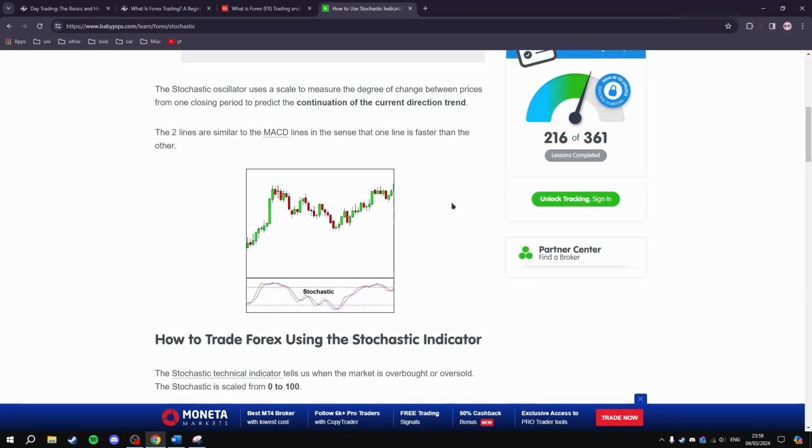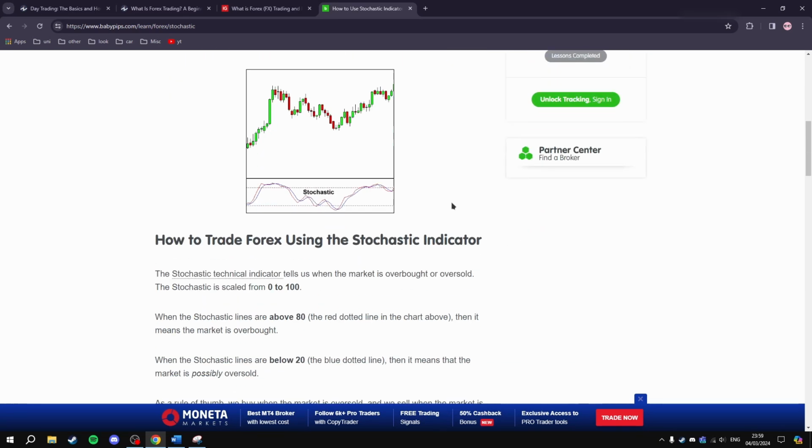The two lines are similar to the MACD lines in the sense that one line is faster than the other, so you still have a short and a long moving average.